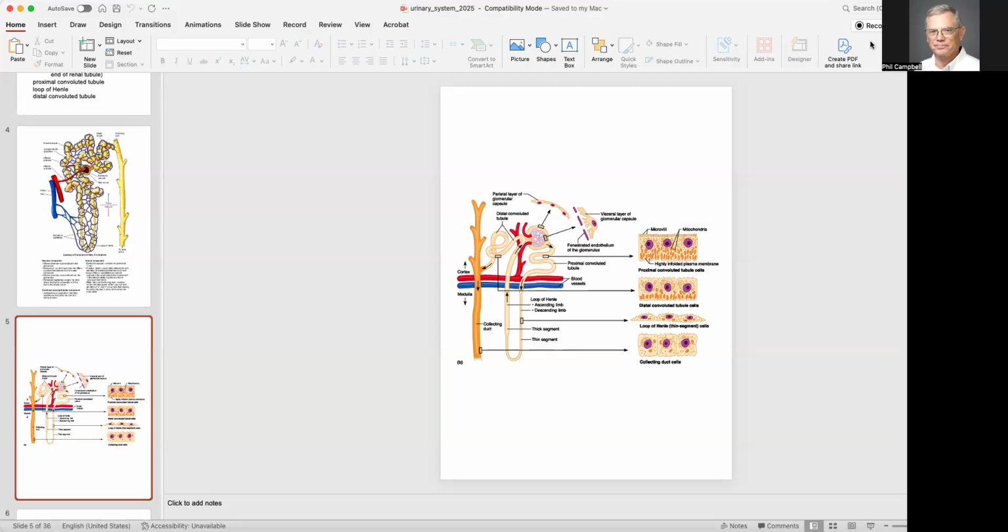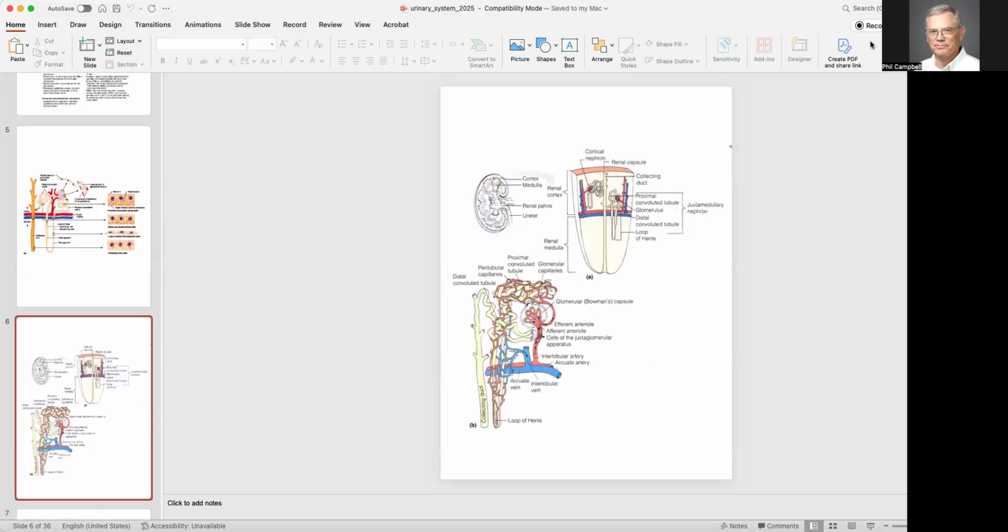That's because they're doing different functions depending on where I'm at along the length of that tubule. If I'm in the afferent arteriole, I will do different things than in the descending loop of Henle, different from the ascending loop of Henle, etc. But they are still basically the same types of cells.